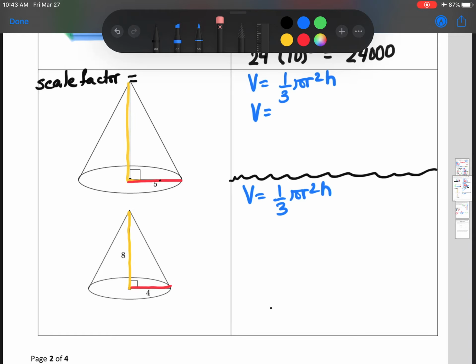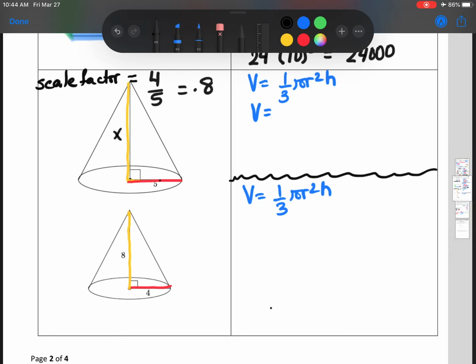If you have not noticed by now, you should have seen that the shape is getting from bigger to smaller, right? So our scale factor should be what? Between 0 and 1. So what is my scale factor? 4 divided by 5, which is 0.8, right? So we want to find this missing side. You can either set up a proportion or just multiply it out.